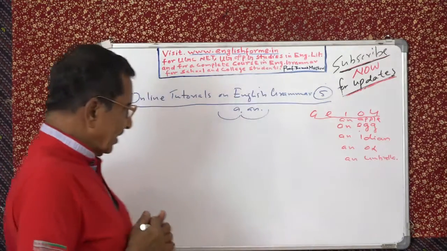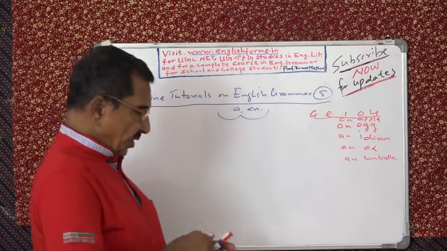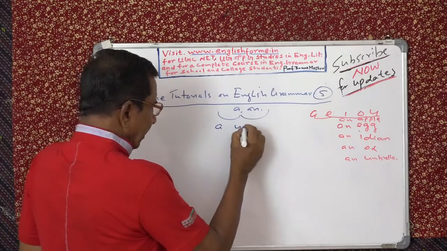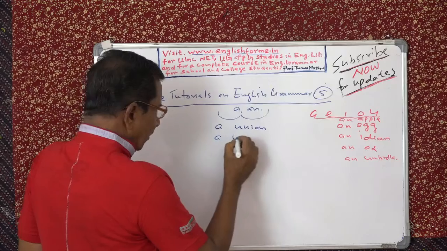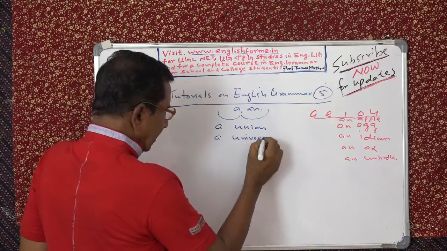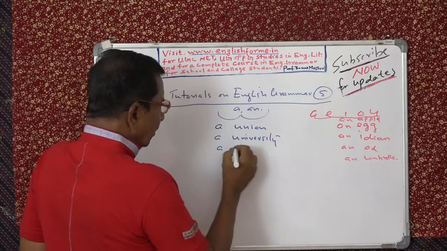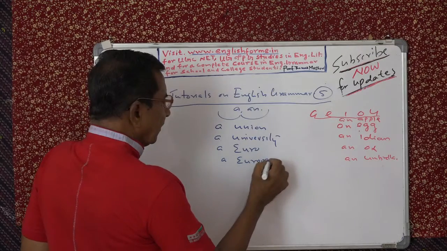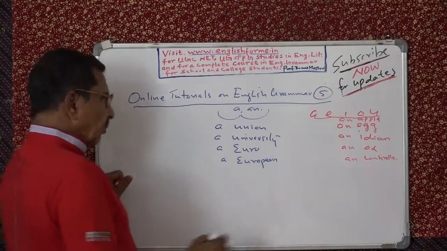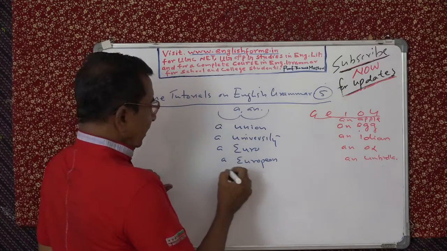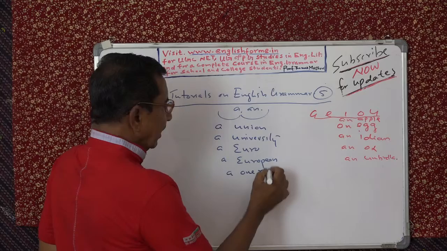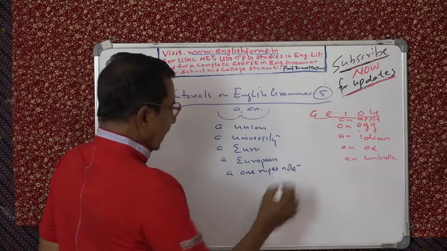when you are reading, you write like this: a union, a university, a euro, a European. See, a euro, a European, and you find you have a one rupee note.